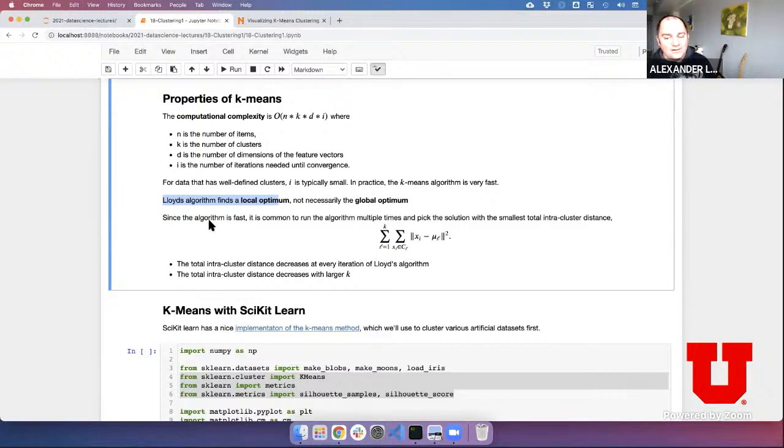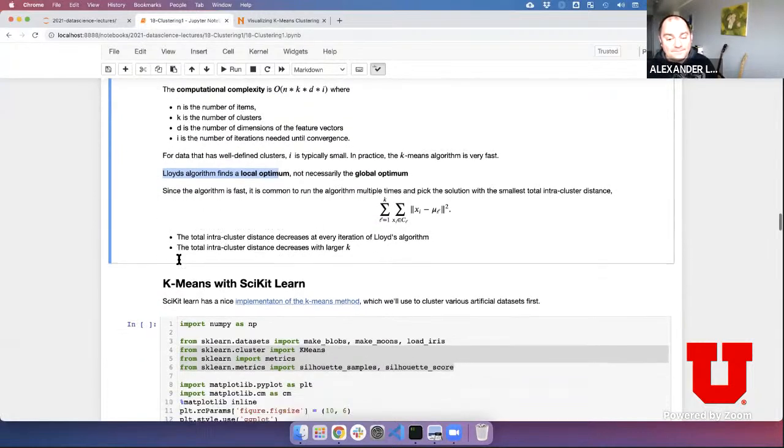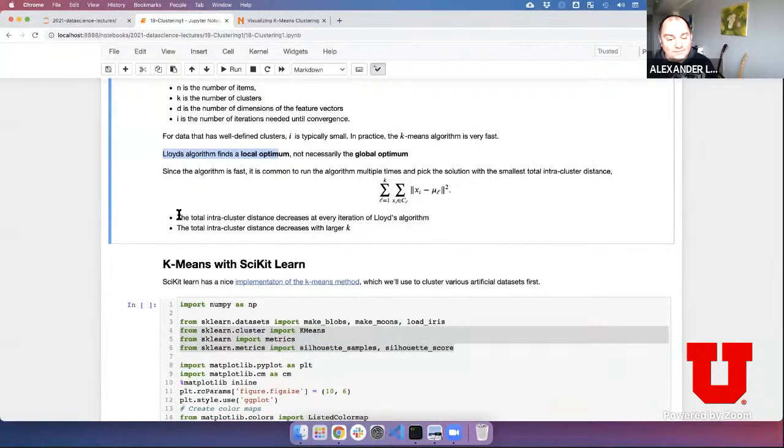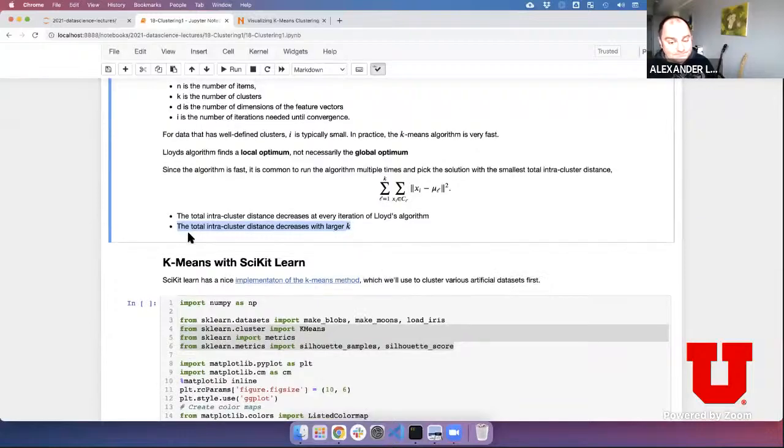So if I picked my k and I'm confident that my k is correct, I would still run k-means 5 or 10 times and pick the one with the lowest intra-cluster distance. Some other properties: the total intra-cluster distance decreases at every iteration of Lloyd's algorithm, and the total intra-cluster distance, of course, decreases with larger k up to where k equals n.